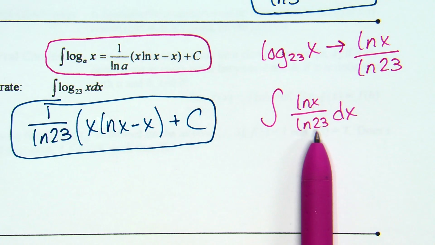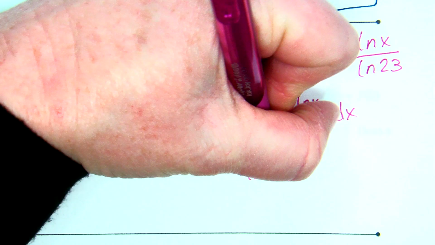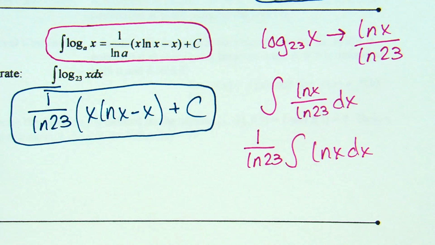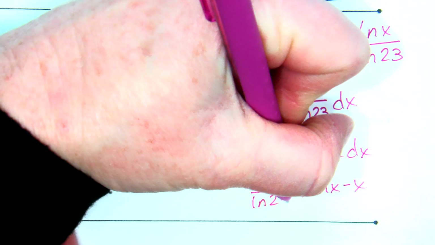So it's 1 over natural log of 23 times the integral of natural log of x dx. And the integral of natural log of x from a couple of days ago is x ln x minus x. So then you have 1 over natural log of 23 times x ln x minus x plus c.